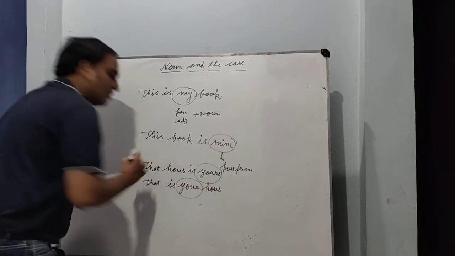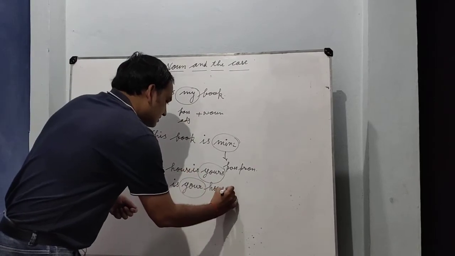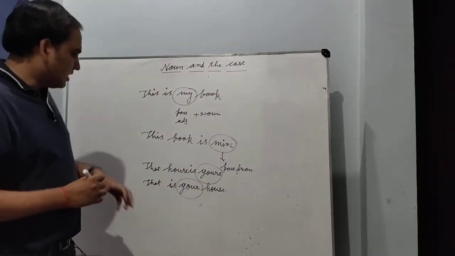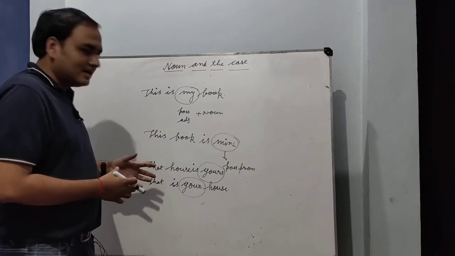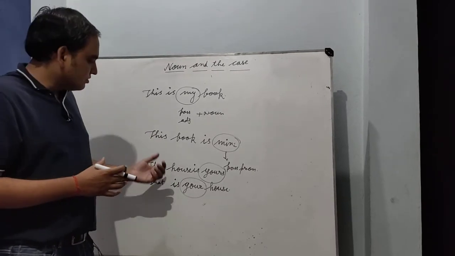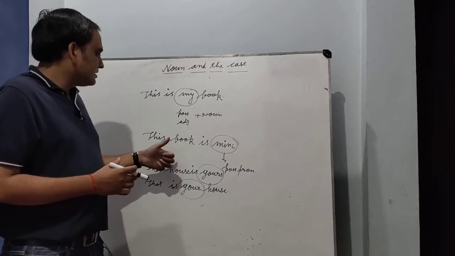You can see that your is a possessive adjective, and this is taking a noun, house. So in such situation we can differentiate where we can use possessive adjective and where you may use possessive pronoun.